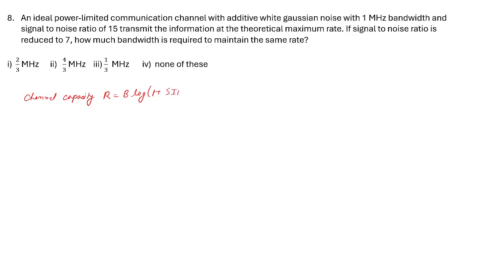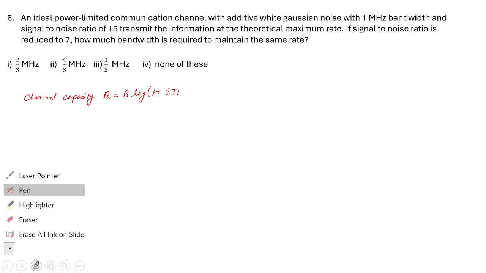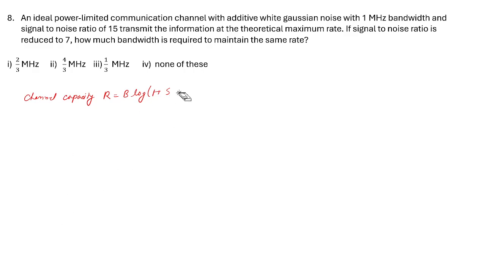So as the question says, the channel transmits at theoretical maximum rate, that is we are basically achieving the channel capacity, which is the maximum rate of information that can pass through the channel with arbitrarily low probability of error.